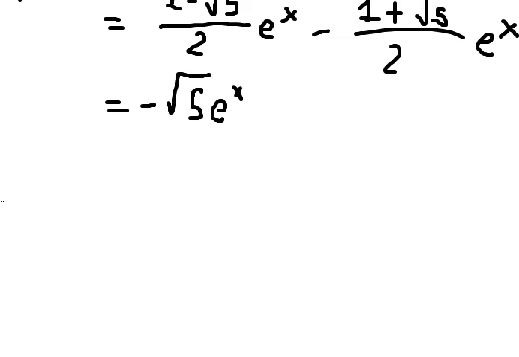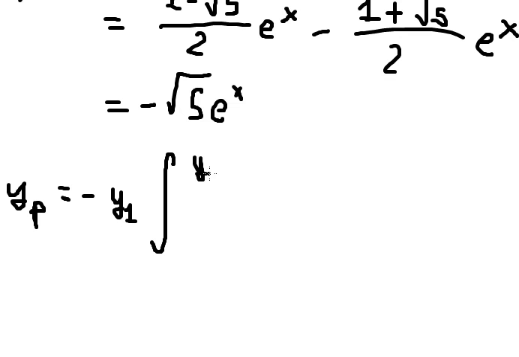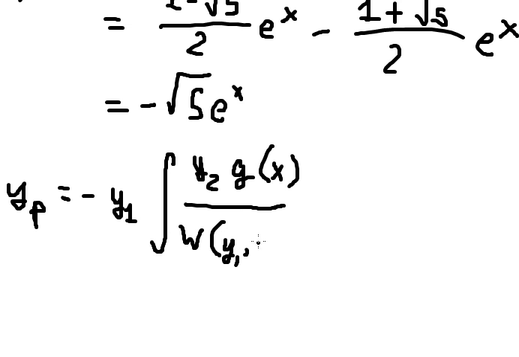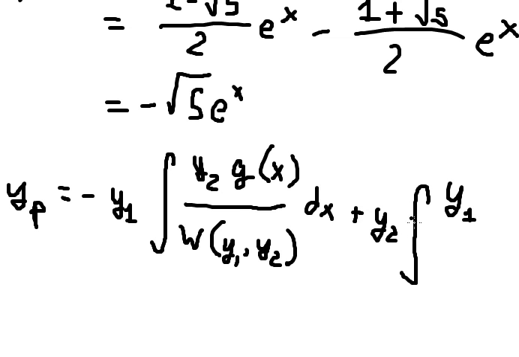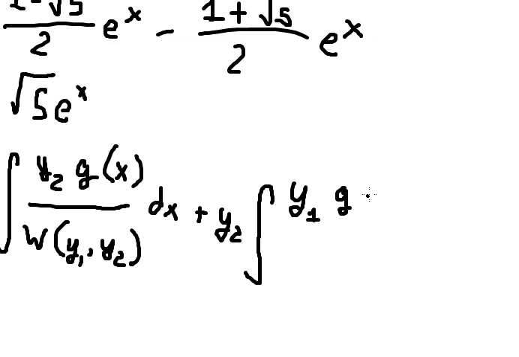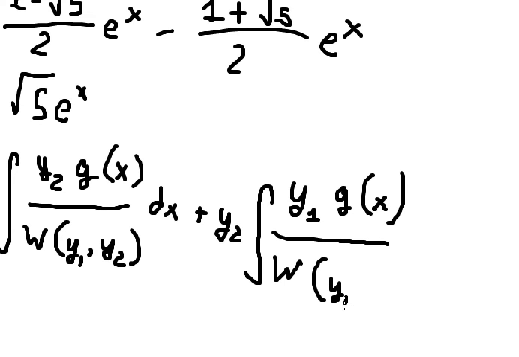Now in this one we have yb, so we have negative y1 times the integration of y2 g(s) over the Wronskian of y1 and y2 ds, plus y2 times the integration of y1 g(s) over the Wronskian of y1 and y2 ds.